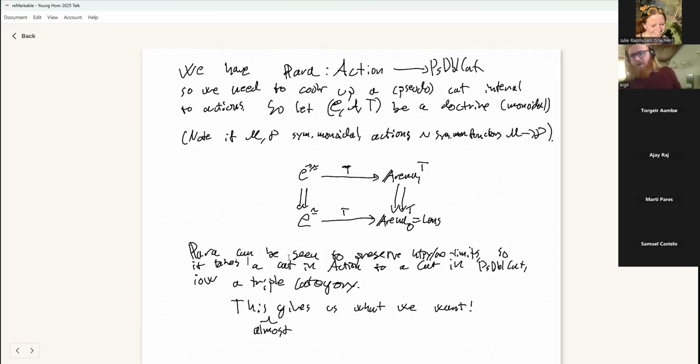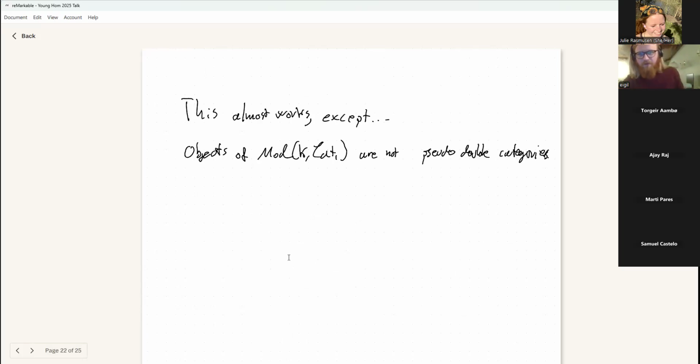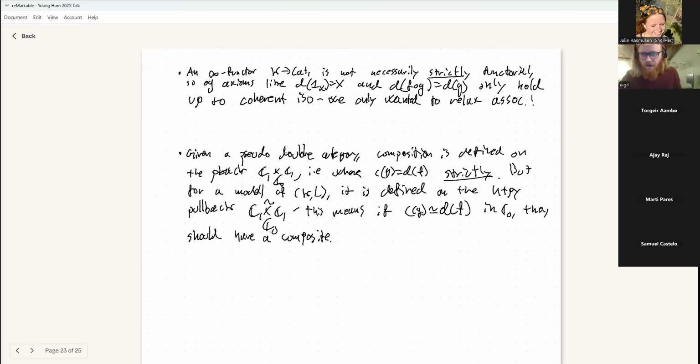So this gives us what we want, almost. The only problem is that Siegel categories are not the same thing as pseudo double categories. We're almost out of time, so let me just blaze through this. There's a problem with strictification, which you can solve, first of all just up to equivalence, where everything can be strictified. Also, if you look at the way that our construction works, it actually produces something that is strict.